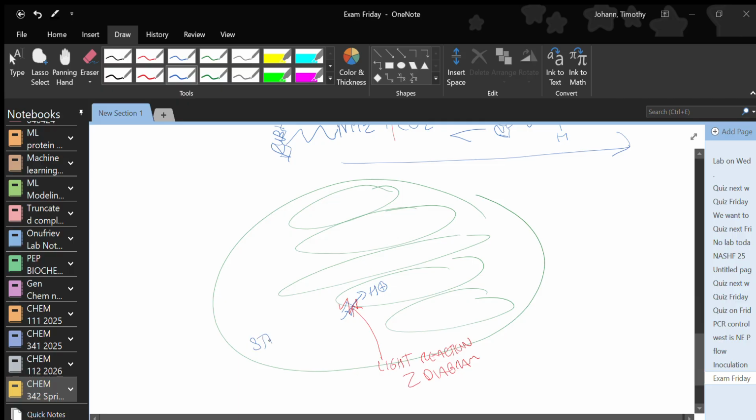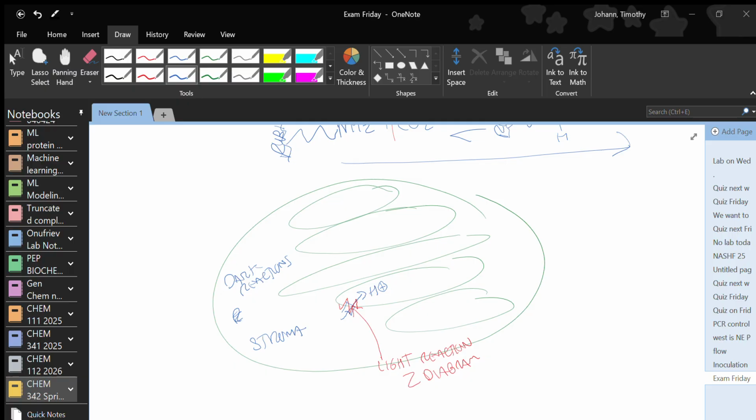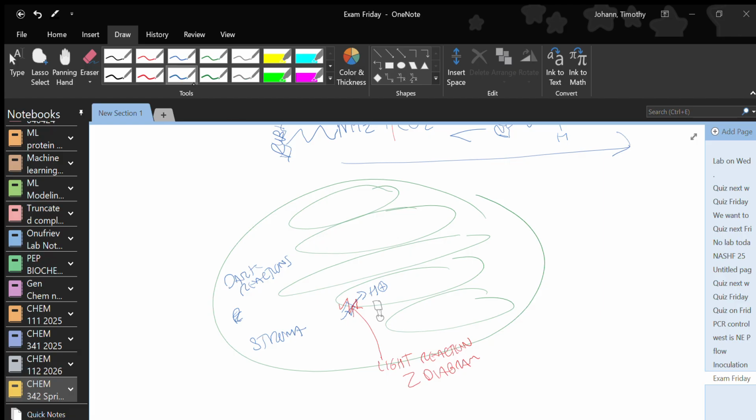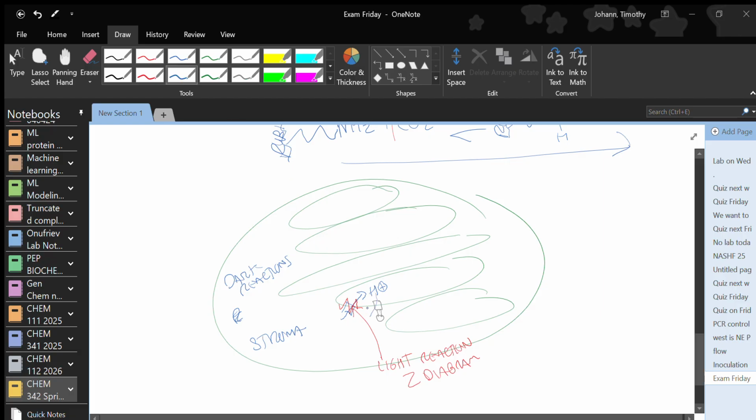Our stroma's out here. Dark reactions happen out here. Light reactions happen in the membrane. And then we've got our old friend ATP synthase over here. With the orientation that I'm showing, those protons can come back out, and when they do, we're going to make some ATP out here in the stroma where we need it.